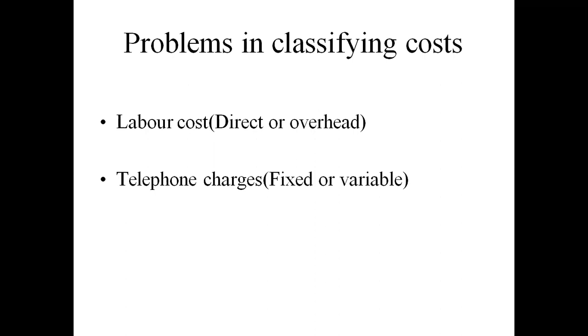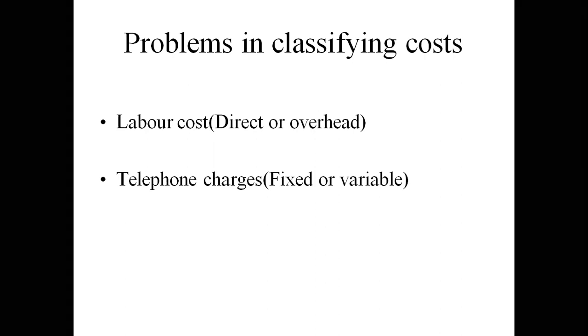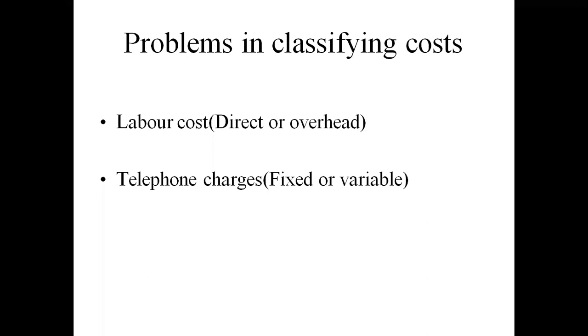So because labor cost can be direct or it can be overhead or indirect, sometimes it becomes difficult to identify, but you need to identify it so that there will be clarity that this is your fixed cost, this is your variable cost, and then you can make some changes accordingly.